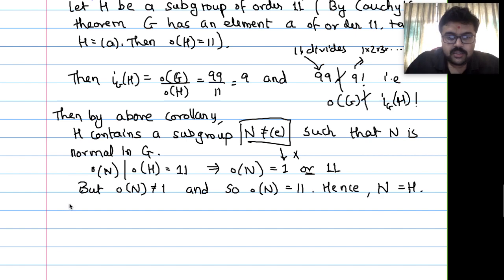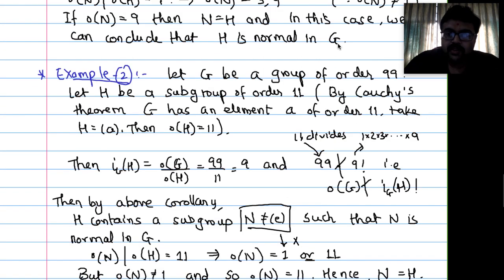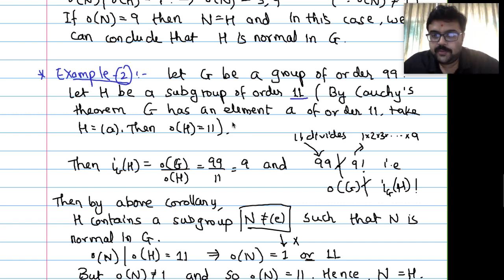So in this case N is normal in G and therefore H is normal in G. So what we had concluded here: a group of order 99 has a normal subgroup of order 11. So this subgroup which we have taken of order 11 will always be normal in G.